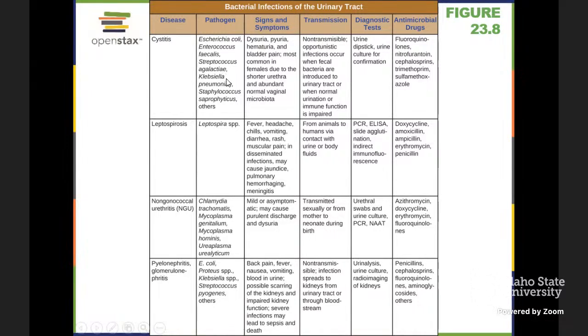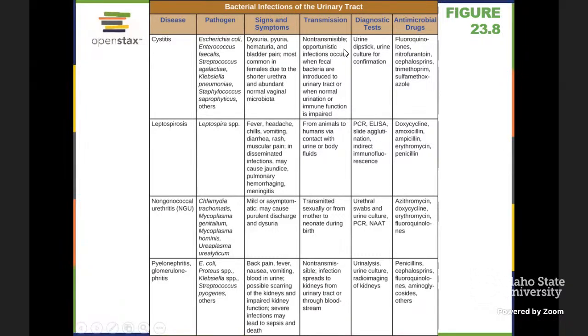This guy right here, Klebsiella pneumoniae, Staphylococcus saprophyticus, and some others can all result in cystitis. Dysuria, so problems urinating, pyuria, pus in the urine, hematuria would be blood, bladder pain, more common to see this occurring in females than in males, and part of it's shorter urethra, and lots of flora within the vagina that sets the stage for some of these potentially causing issues.